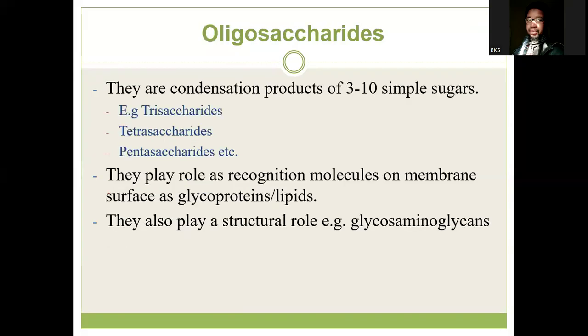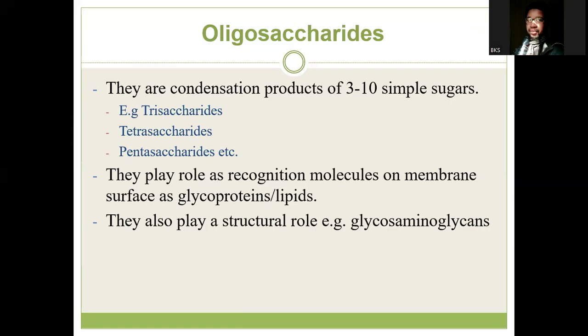While in the case of oligosaccharide, we have more than 2 sugars coming together through the glycosidic bond. Starting from 3, we have trisaccharide, when we have 4, tetrasaccharide, pentasaccharide, up to 10. In most cases, oligosaccharides, we don't see them so common.